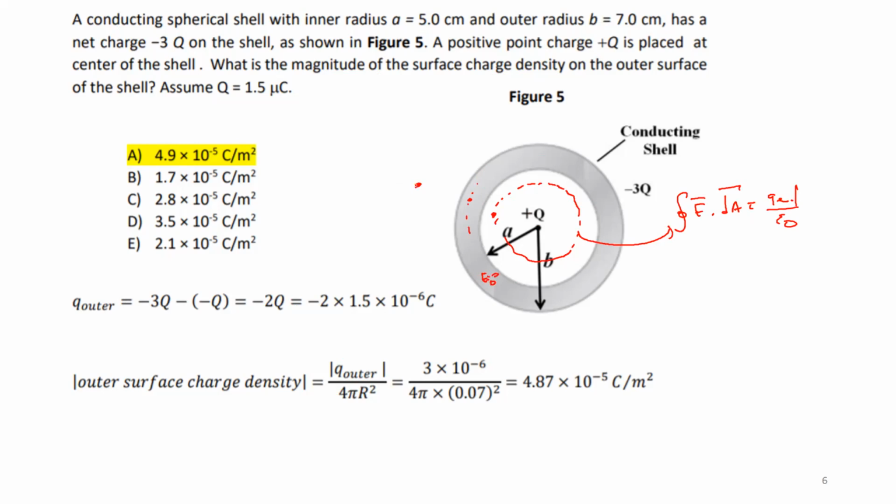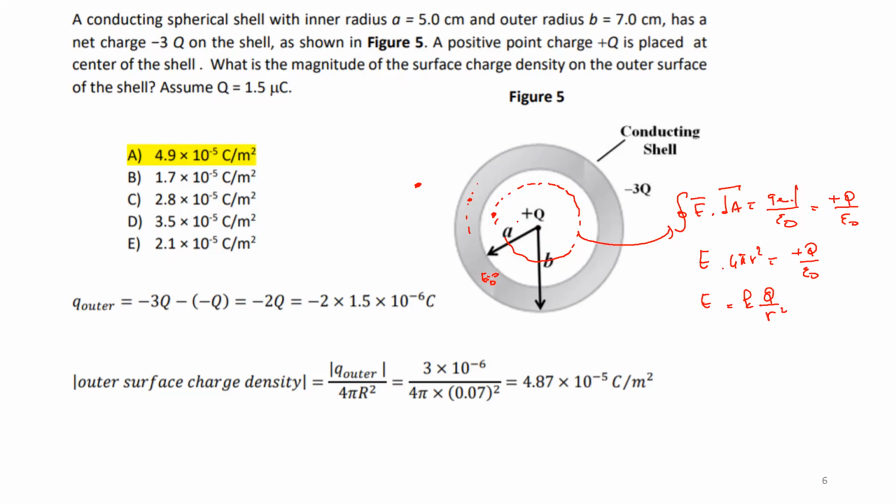And what about the electric field on the outside? So here, of course, the charge enclosed will be just plus Q divided by epsilon. So basically E multiplied by 4 pi r squared is just plus Q divided by epsilon naught. So inside, I just have kQ divided by r squared.